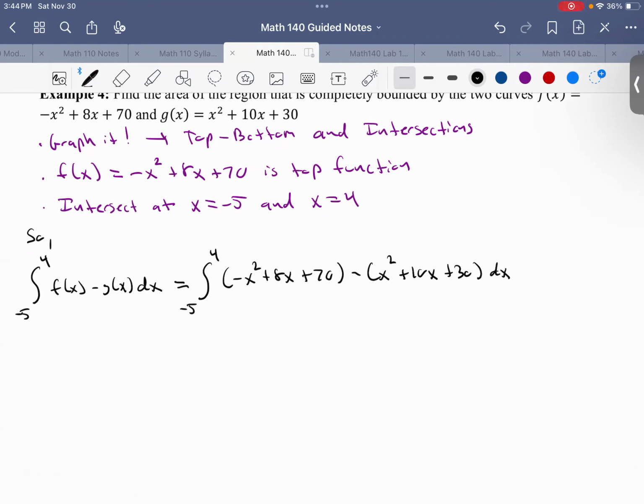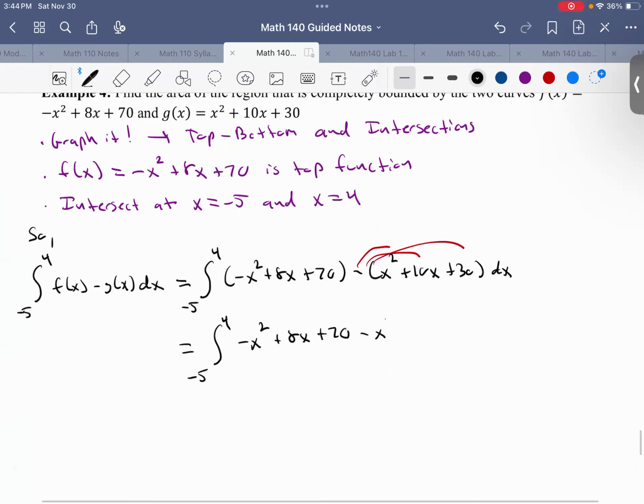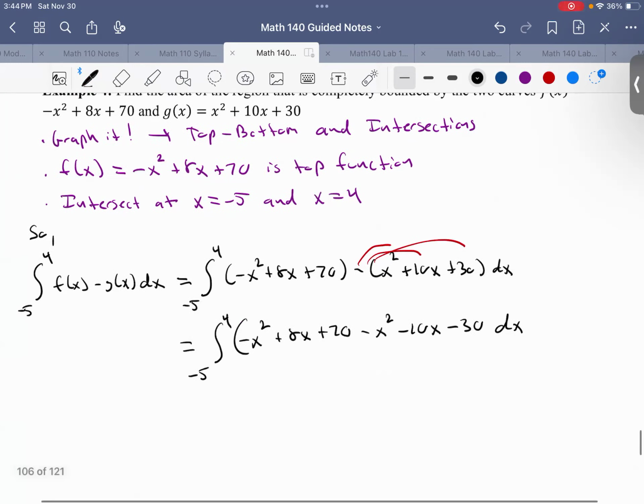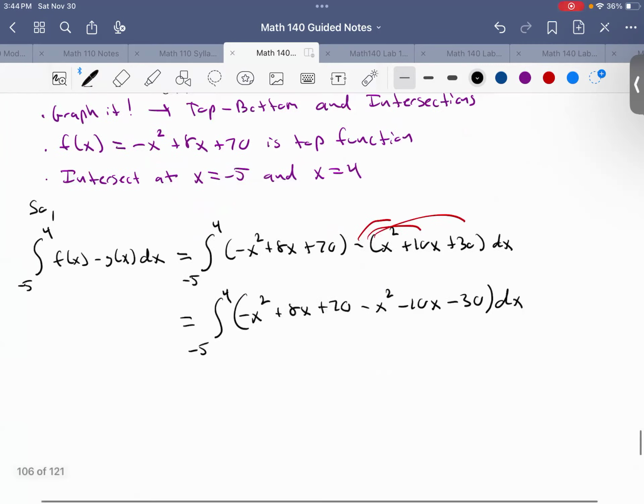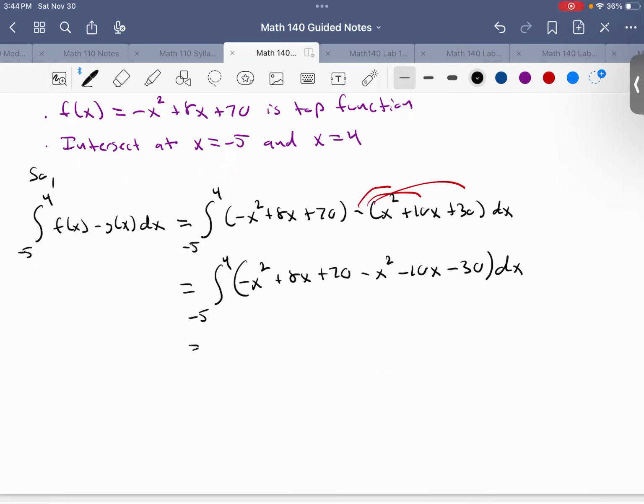If I distribute the negative, this becomes the integral from -5 to 4 of negative x squared plus 8x plus 70 minus x squared minus 10x minus 30 dx. Let me put some parentheses around this and combine like terms.